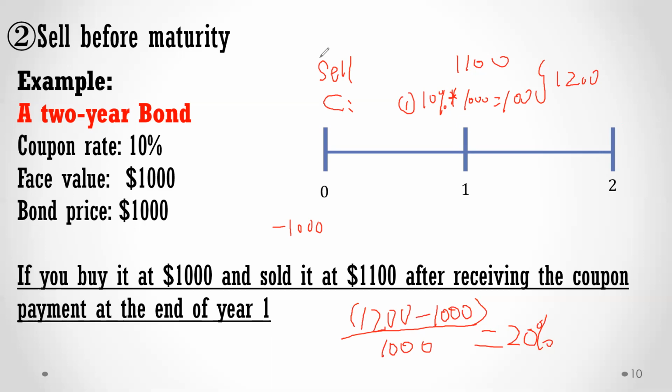On the other hand, if you hold the bond but sell it before maturity, then you need to calculate the total cash flow when you sell the bond and calculate the realized return. Okay, let's move on to the next topic.